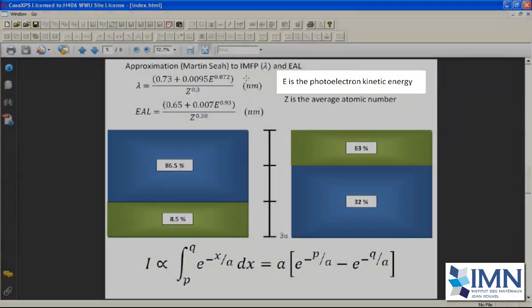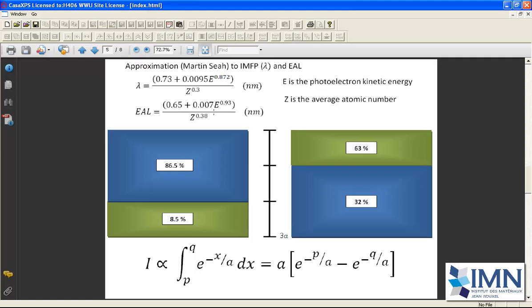One's based on the inelastic mean free path and the other is an effective attenuation length, and both are designed to try and measure the depth from which electrons can emerge from a sample. So we have an energy dependence, and therefore a peak that appears at a different kinetic energy from another peak will have a different attenuation, and so this must be part of any quantification of XPS spectra.